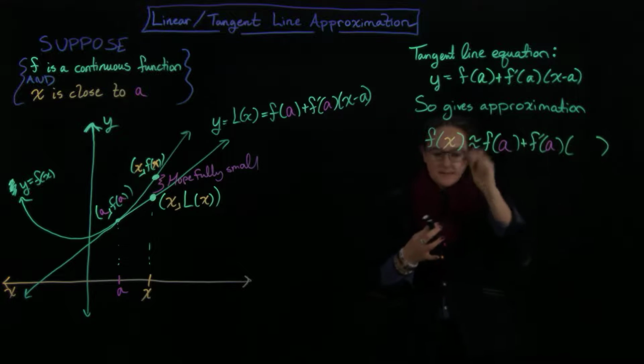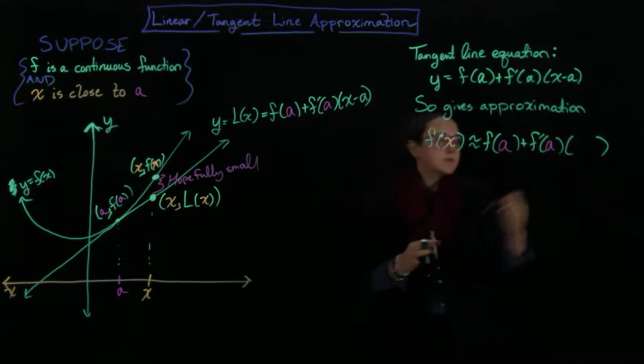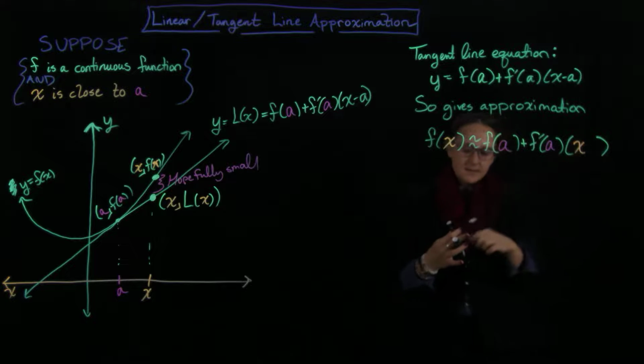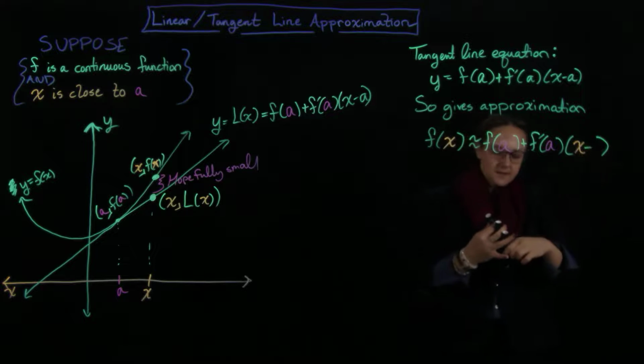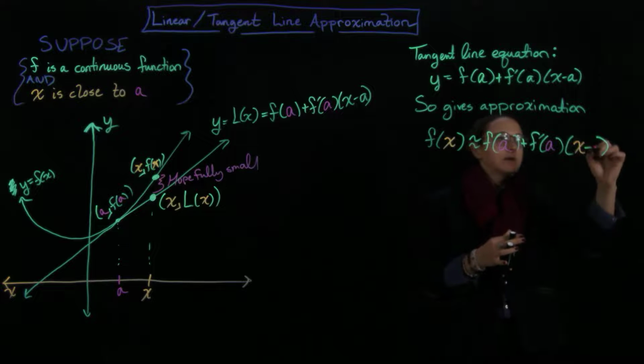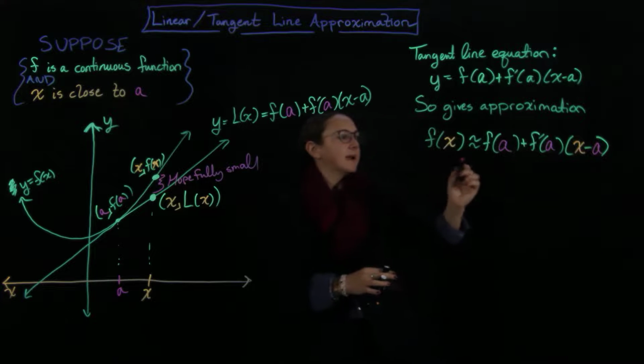This x is this x here, so I do need to stick that in. This is where I stick it in to get the approximation. So I have to stick both a and x in to get this.